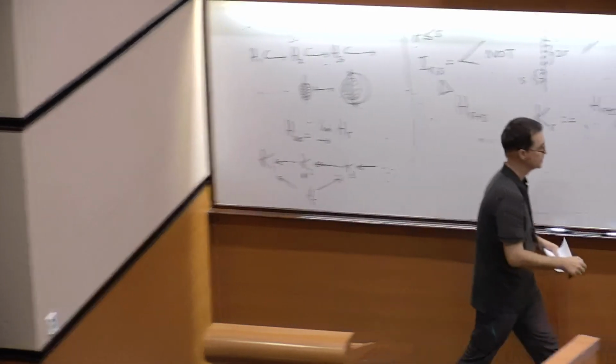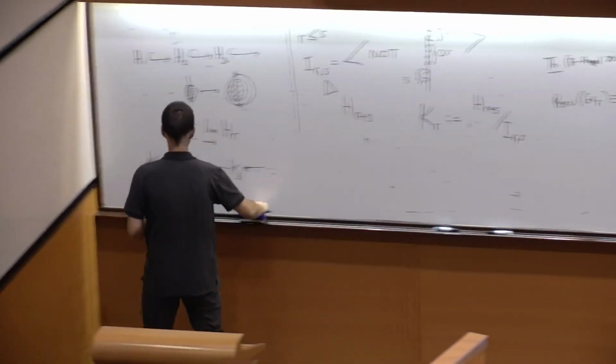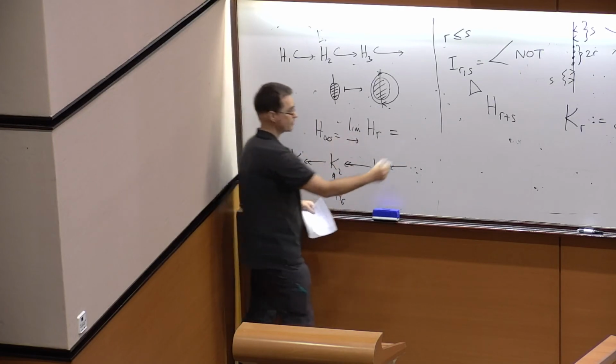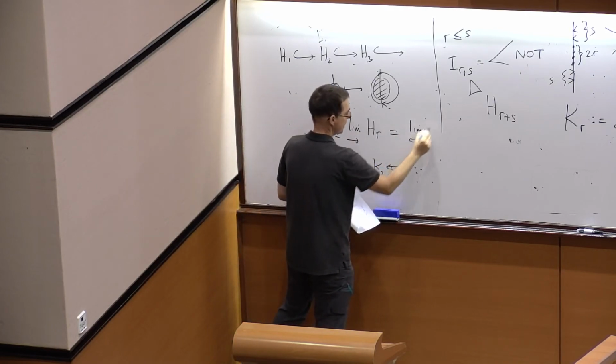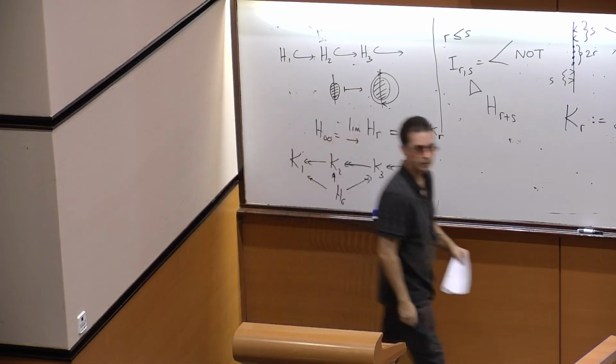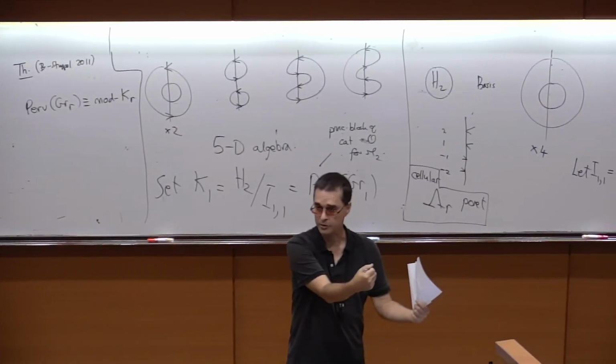And really, this H infinity, which is this direct limit of these, really a better way to say it is it's the inverse limit of this inverse system here. Because, well, modules over a quotient algebra is a Serre subcategory of modules over the whole algebra.